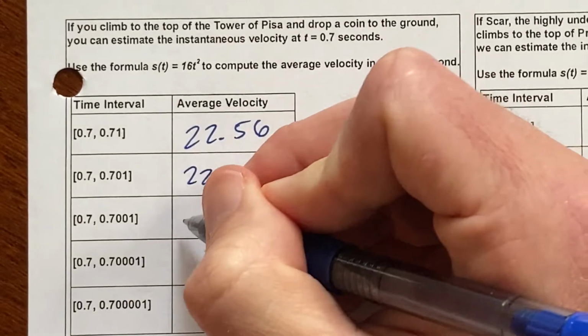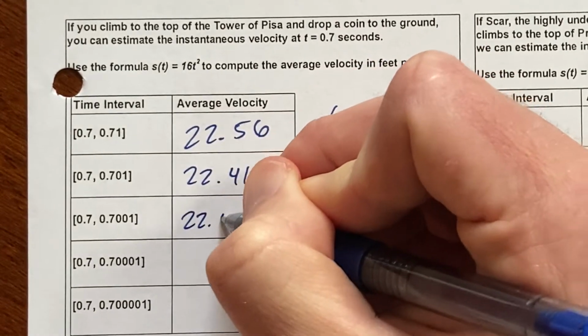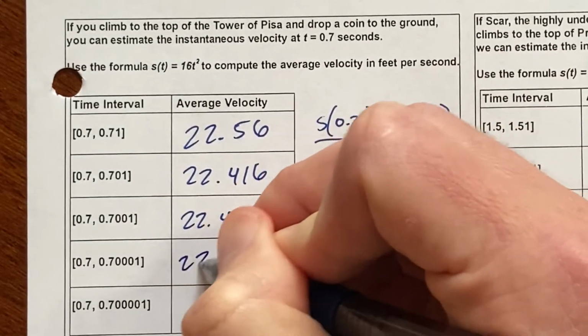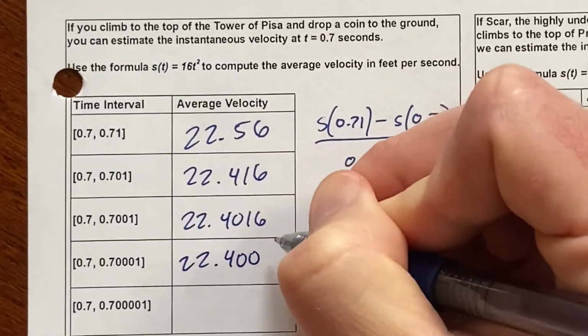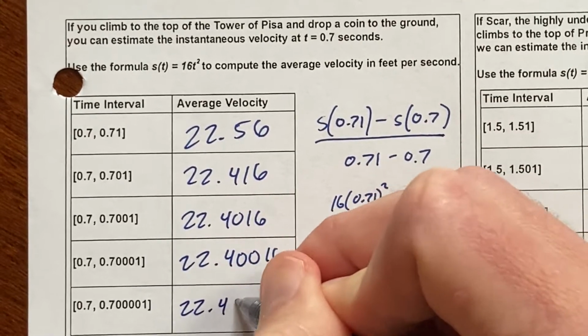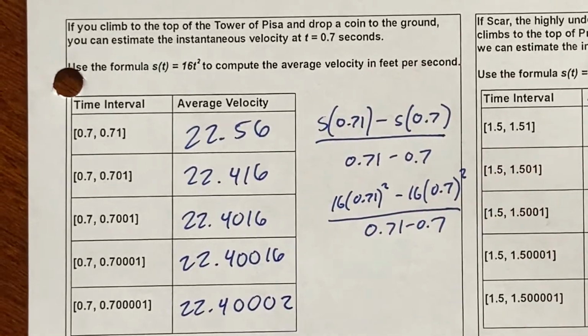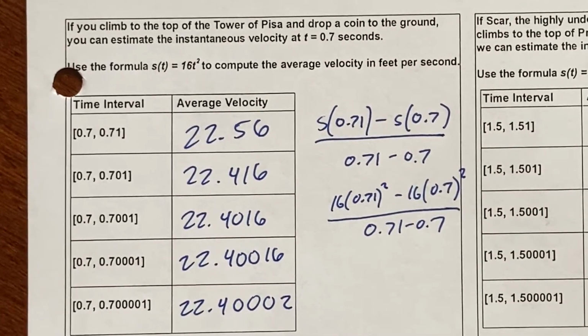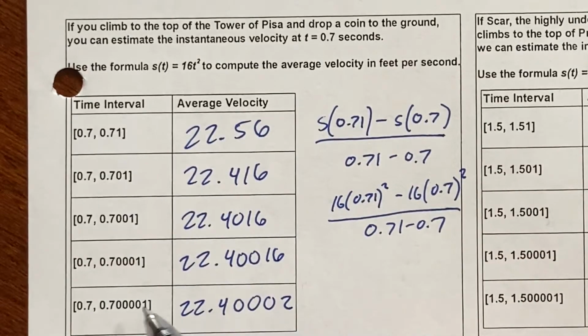Plug these two in, I'd get 22.4016. Plug these in, 22.40016, 22.40002. So I think that one rounded, that one should be a 16, but we'll leave it at that. Okay, so that's filling in the chart there.